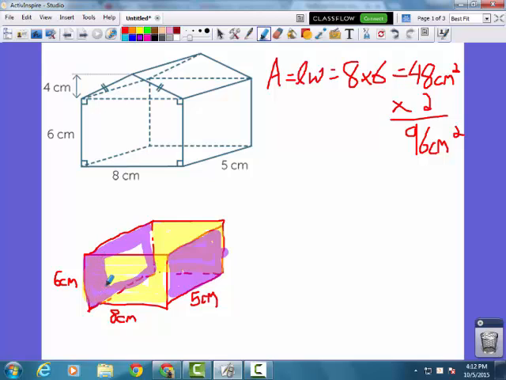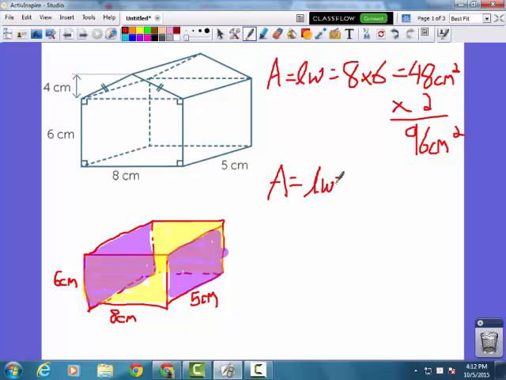Again, they're mirrors of each other. They're exactly the same, so if I find the area of one of them, I have the area of the other. This rectangle is a 5 centimeters by 6 centimeters rectangle, so still length times width.